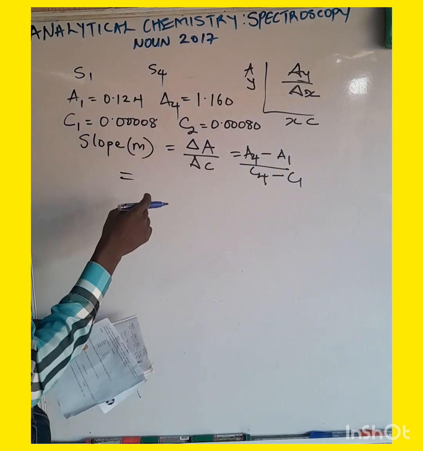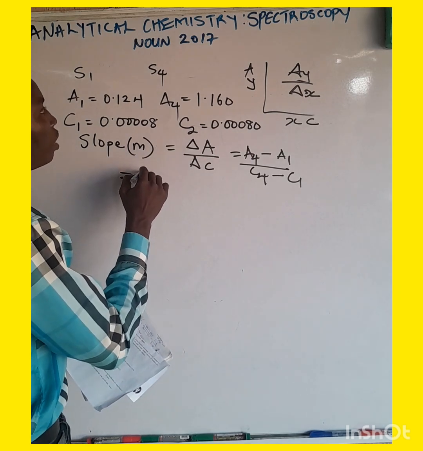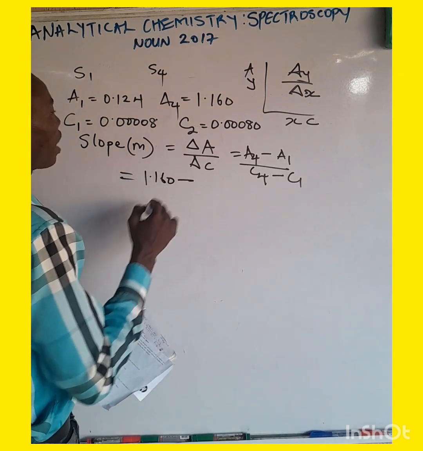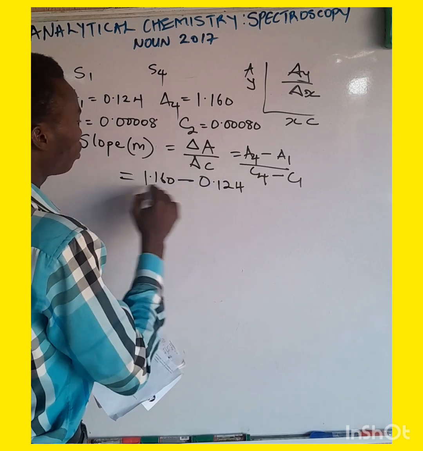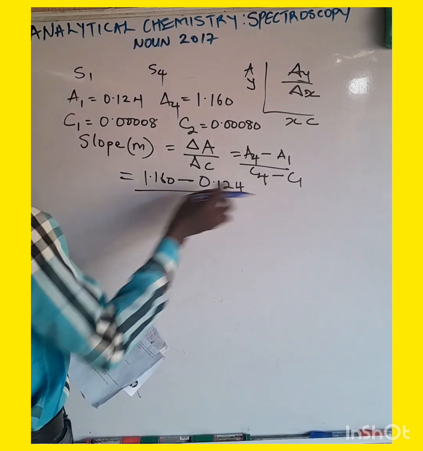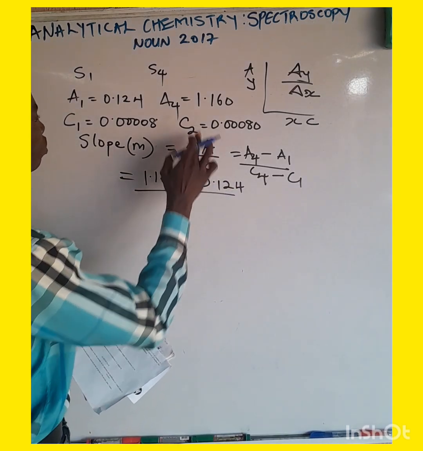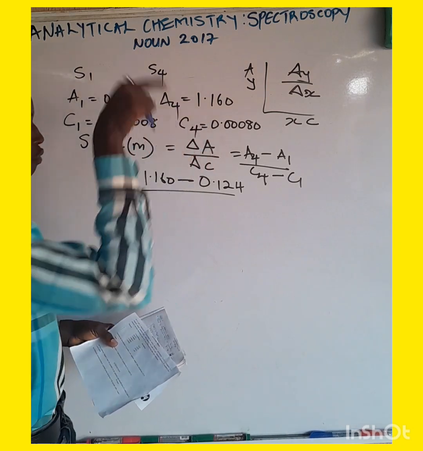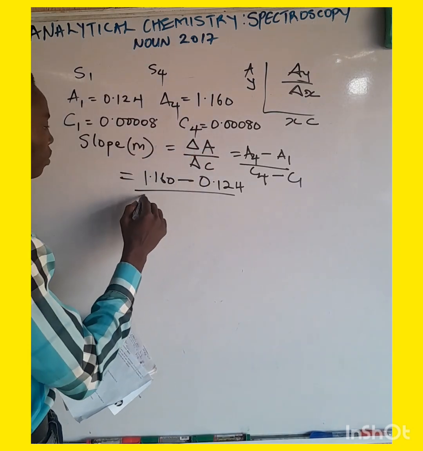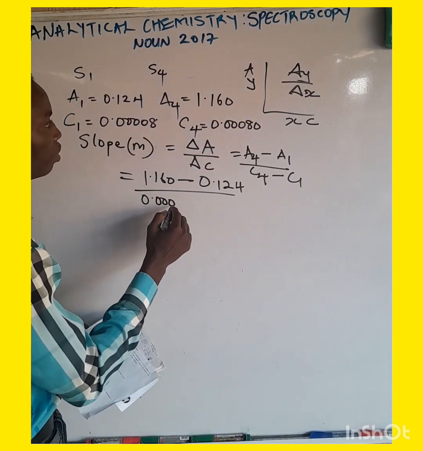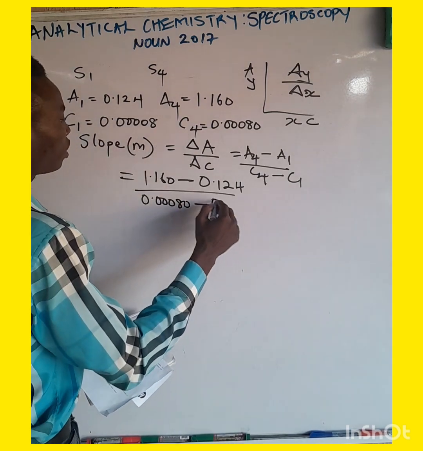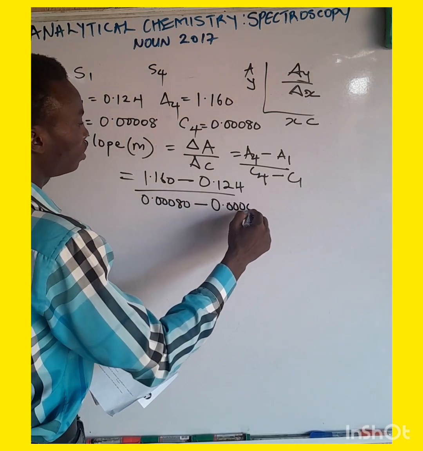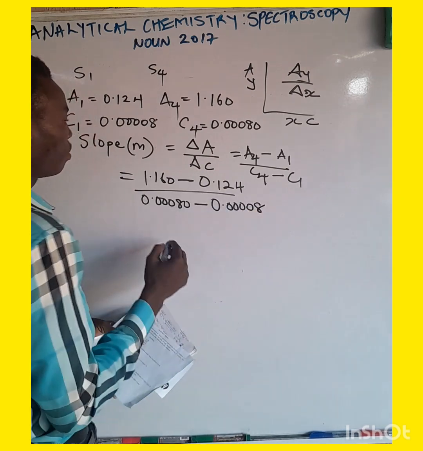Now, let's work on what we have in this place. Our A4 is given to be 1.160 minus our A1, which is given to be 0.124. Our concentration 4 based on the standard is given to be 0.00080 minus our concentration 1, which is given to be 0.000008.